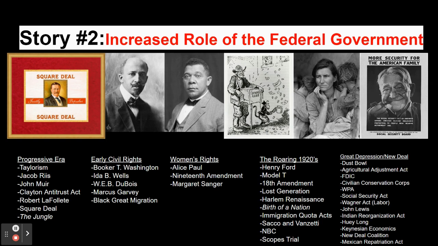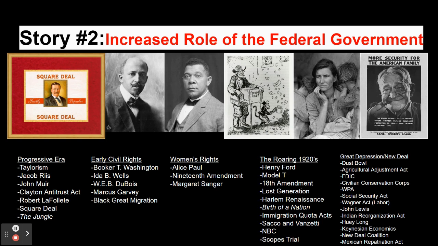You've got the WPA, which was designed to create construction jobs. You've got the CCC, or Civilian Conservation Corps, that provided young men work doing conservation. But you also had other programs like the Social Security Act. And to be honest, there's too many to name right here. But these programs are going to expand the size of the government significantly and also give the government new responsibilities that it didn't have before.